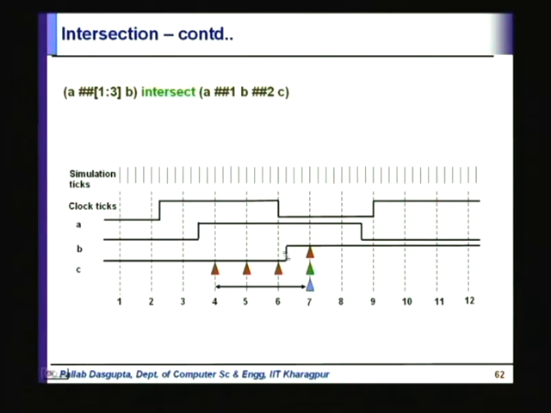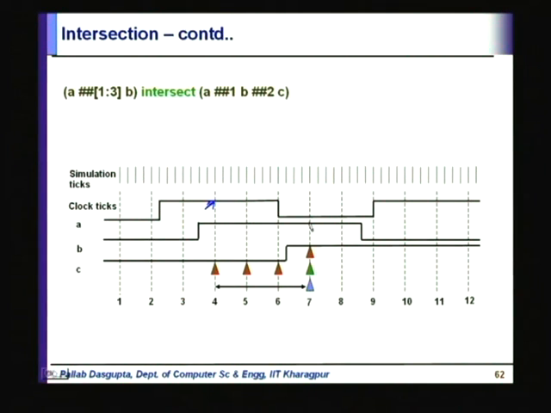So, it is here that everything matches. Why? Because if you start from here, we get A here, then if you take 1 to 3, let us take the case for 3. So, 1, 2, 3.